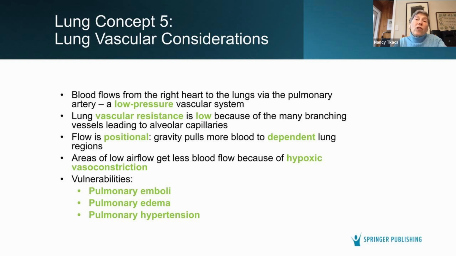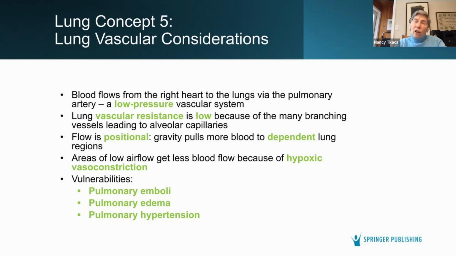So rather than wasting a lot of blood flow in an area that's hypoxic because of collapsed alveoli, those capillaries get vasoconstricted in that region, and that moves blood to an area that's very well ventilated. So there are some compensatory mechanisms to help the body match ventilation to good perfusion.